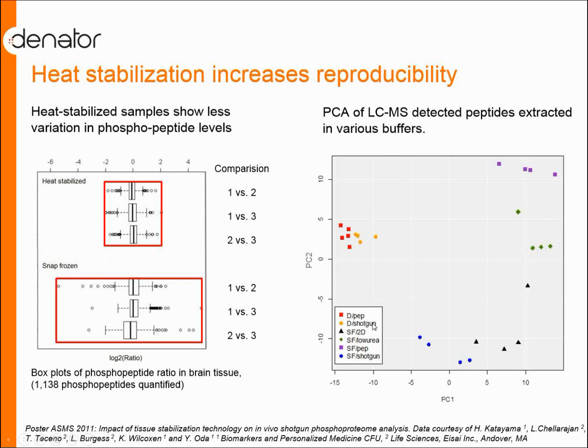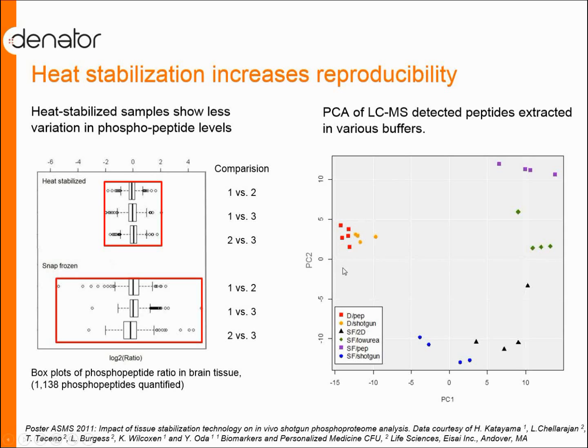So 2 molar urea, 8 molar urea, and so on. What we're seeing is that the D groups, the Denator stabilized groups, regardless of extraction buffer, cluster very closely together. The PEP is an 8 molar urea buffer. The shotgun is extracted in 8 molar urea and then incubated for 6 hours at a 2 molar urea concentration.